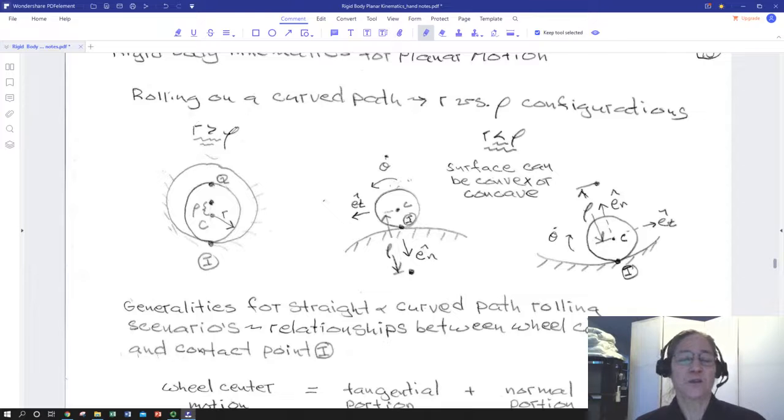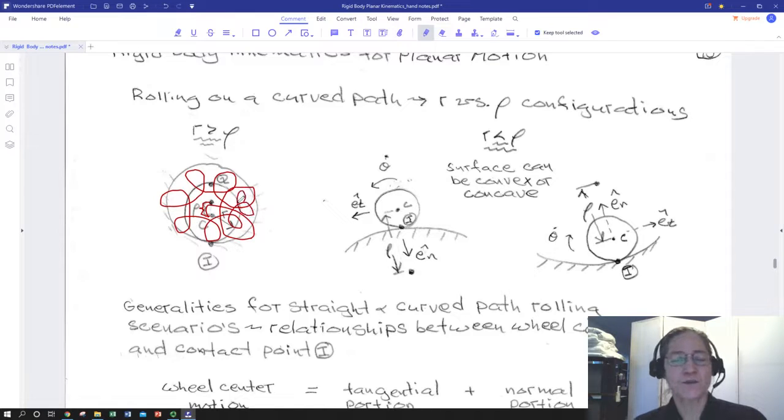Or not the radius of curvature, but the distance between the wheel's center and the radius of curvature of the curved surface it's rolling on. So r greater than the rho defined here. And that looks like this, where the wheel will roll around basically inside this race.